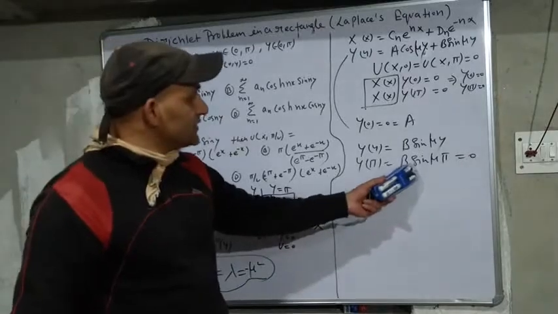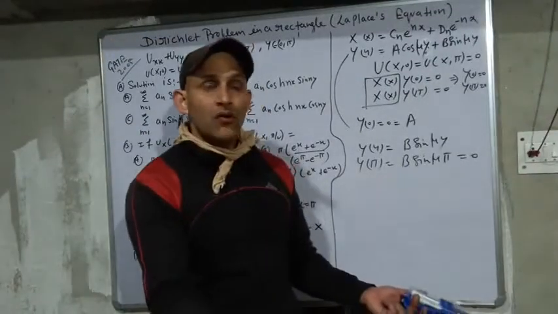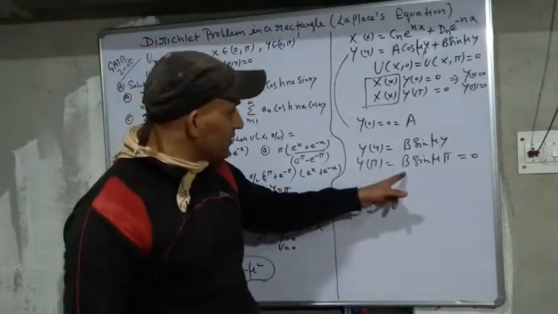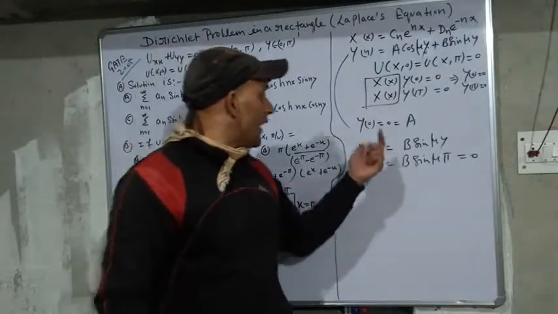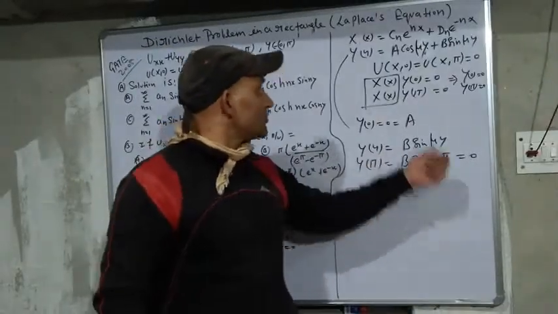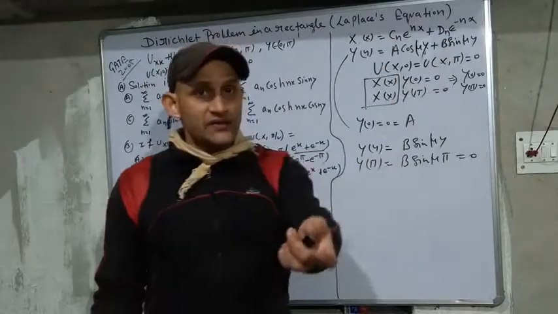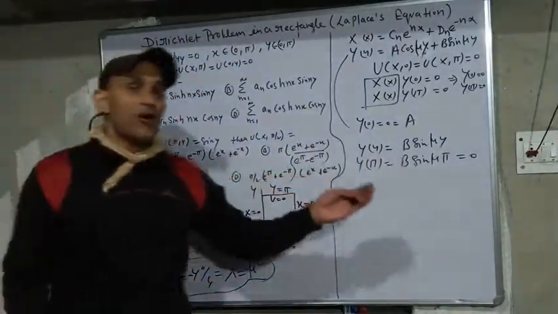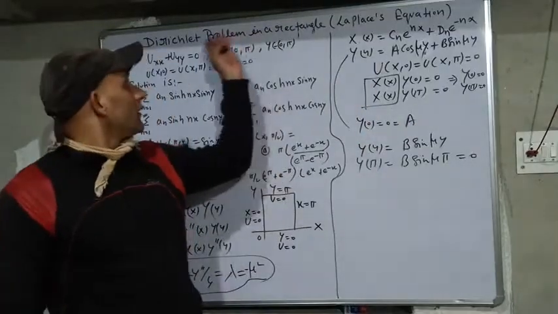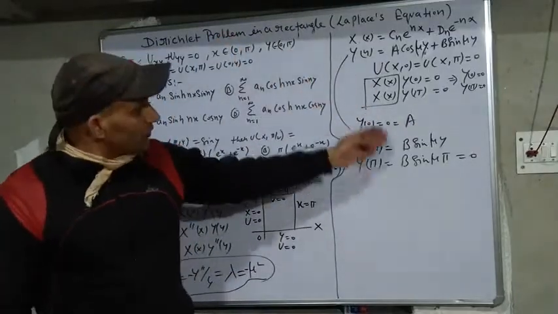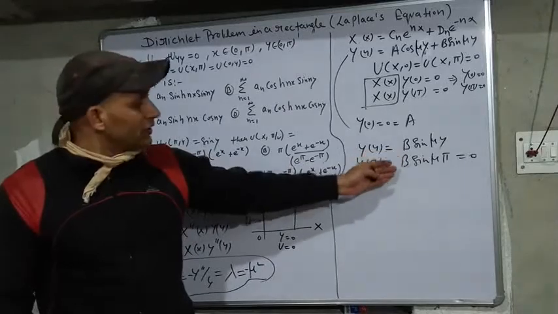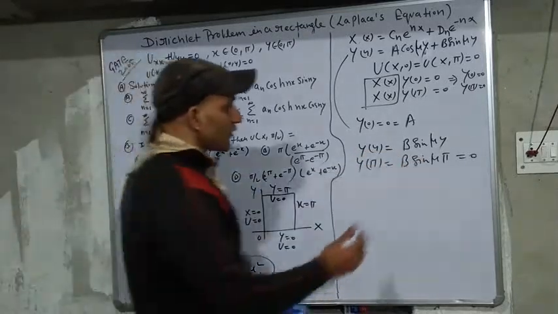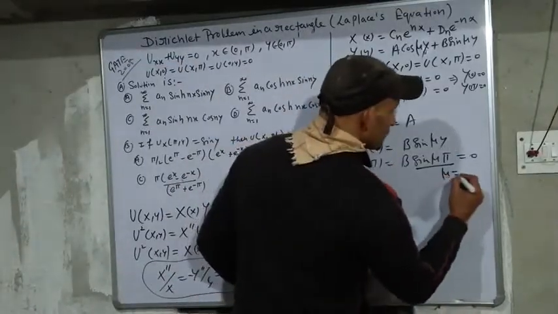You know that b is never 0. If a is equal to 0 and b is equal to 0, then Y is equal to 0, which means u is equal to 0. That is the trivial solution for all such problems, so we will not discuss the trivial solution. So sin mu pi is 0, which means mu is equal to n.